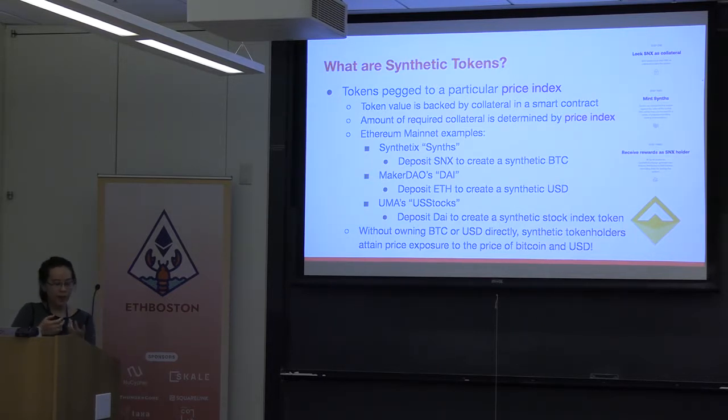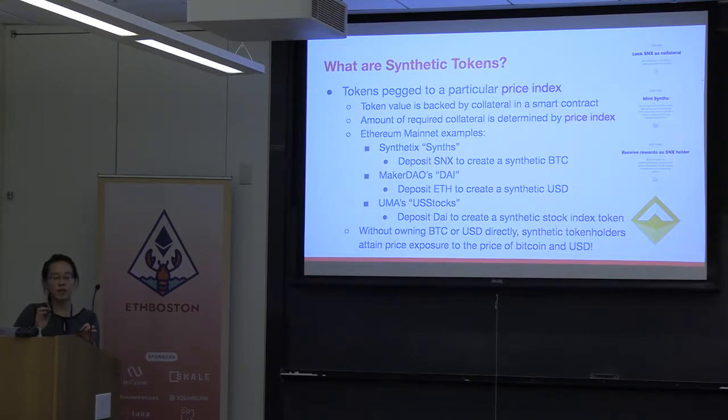So UMA, in fact, back in March or so, created a synthetic US stocks token. So this is a token that was backed by DAI, and in fact over-collateralized by DAI. But the amount of DAI that was backing that token fluctuated with where this US stock index was. So if the US stock index was at, say, 2,500, there would be 2,500 DAI backing that token.